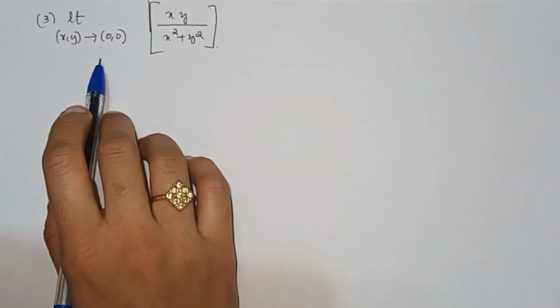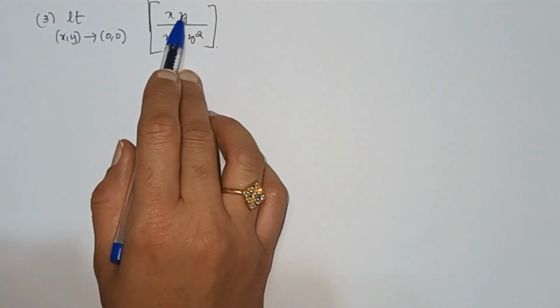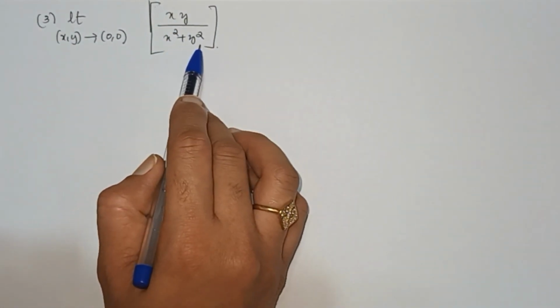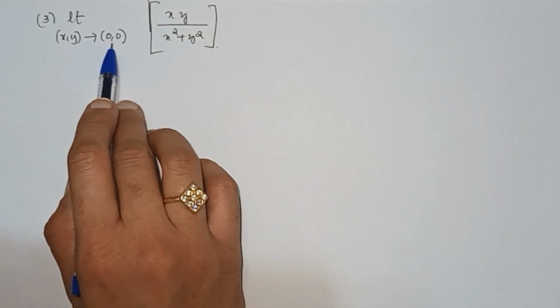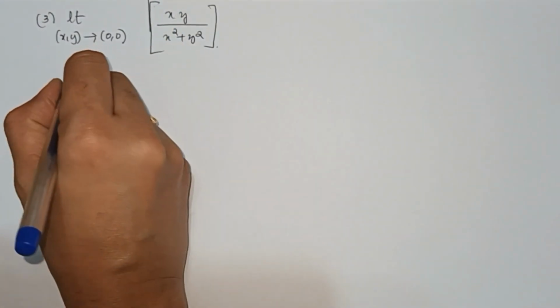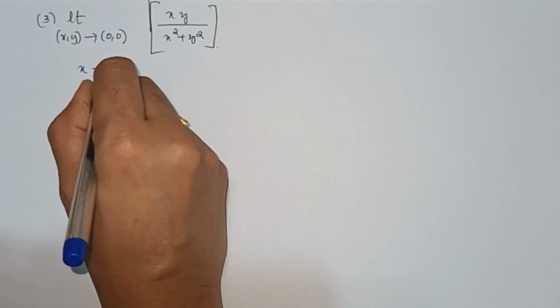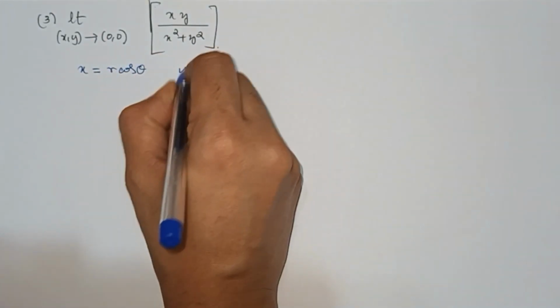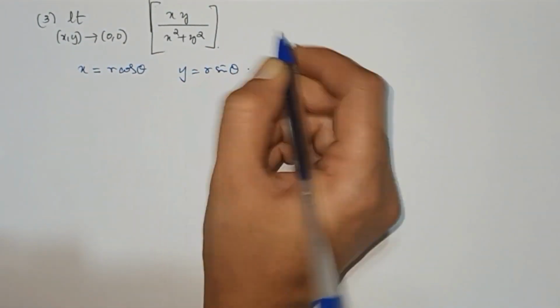Now see one more example. Limit of xy divided by x square plus y square as x comma y tends to 0 comma 0. So in this case also I will take the polar coordinates, x equal to r cos theta and y equal to r sin theta. Let us substitute that.